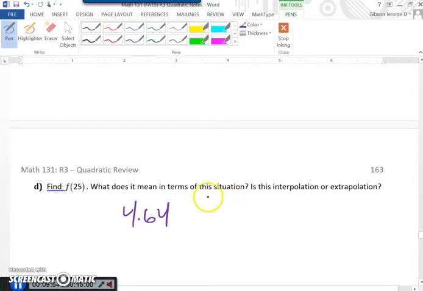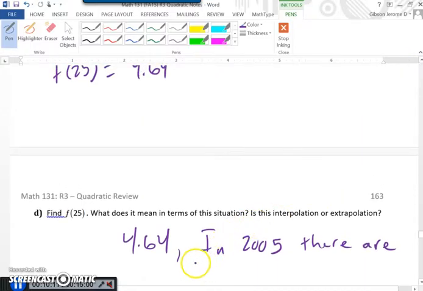And it says, what does it mean in terms of this situation? Now, you know that's 25 years since 1980. So it'll be in 2005. There are 4.64.